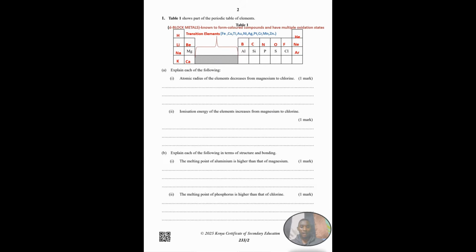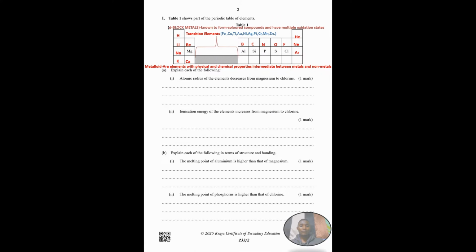These elements are also referred to as D block metals, and they are known to form coloured compounds. They also have more than 2 oxidation states. Those are elements that we call transition elements.